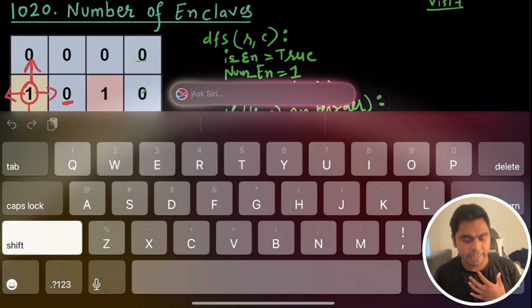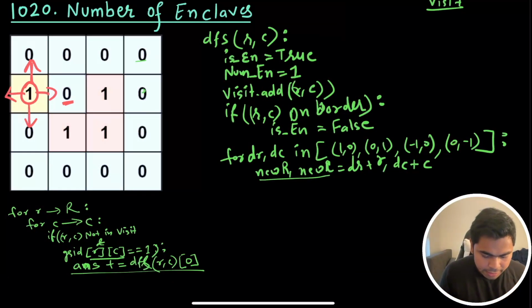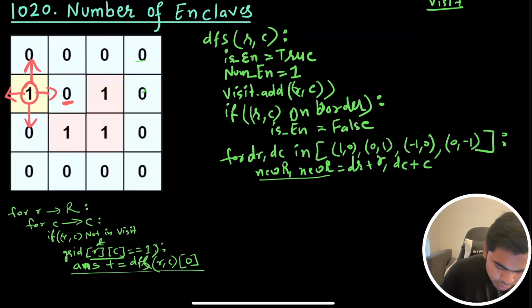So I want to check a few things. What are those things? Say I'm not going out of bounds, and I'm still seeing a 1 on one of the neighbors. This is how I will write it.